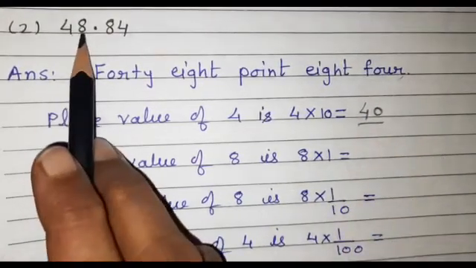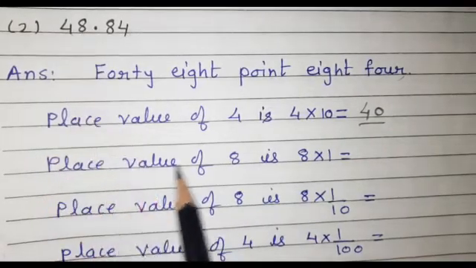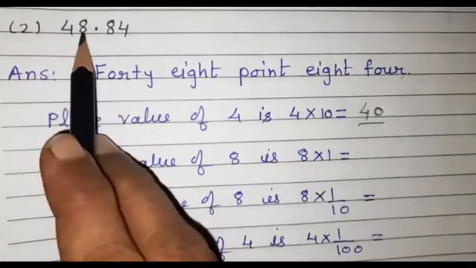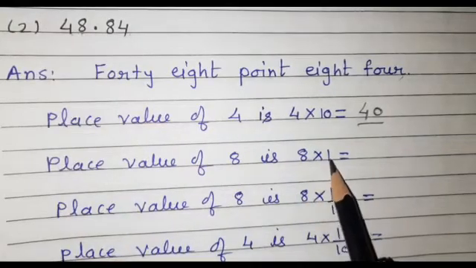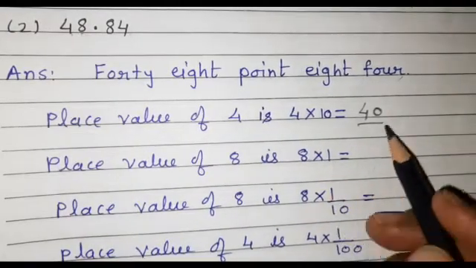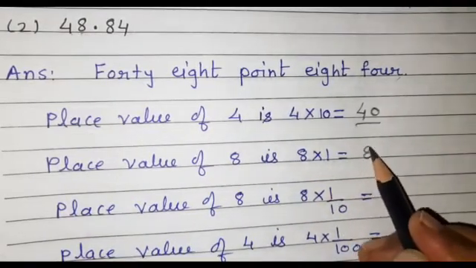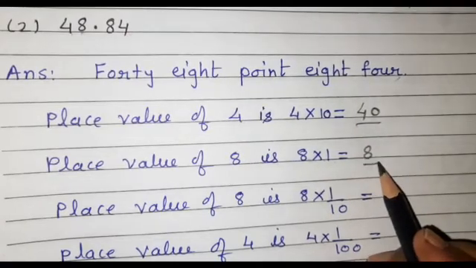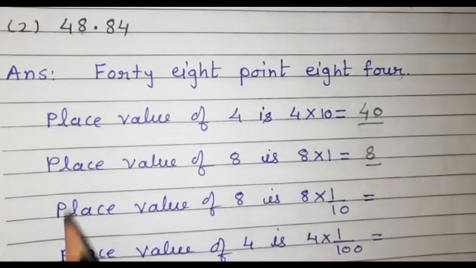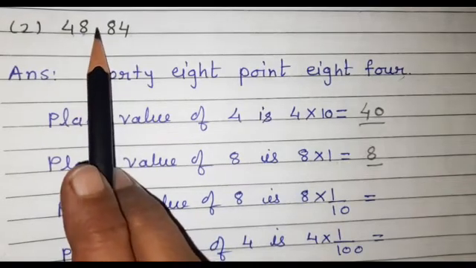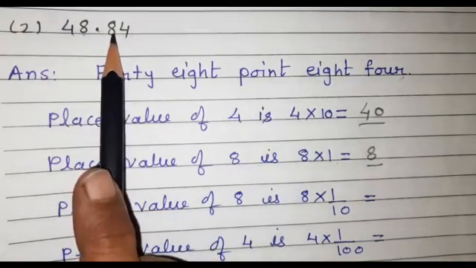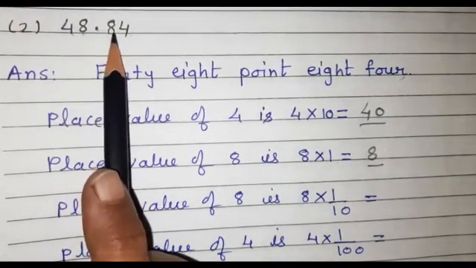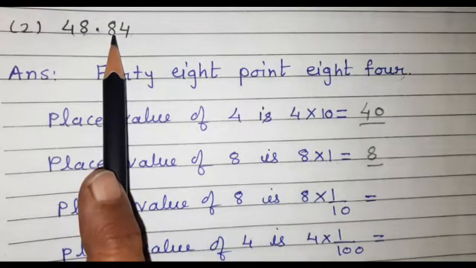Now the second digit is 8. So place value of 8 is at unit place. So 8 multiplied by 1 is equal to 8. Place value of 8 is 8. Now after the decimal point, the first place is tenths place, and now we write the place value of 8.